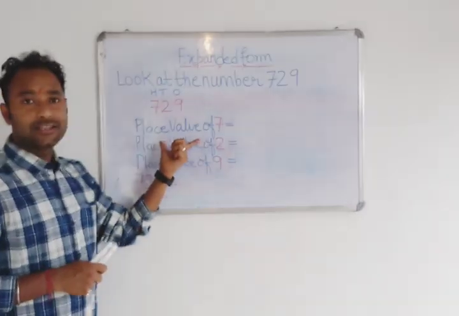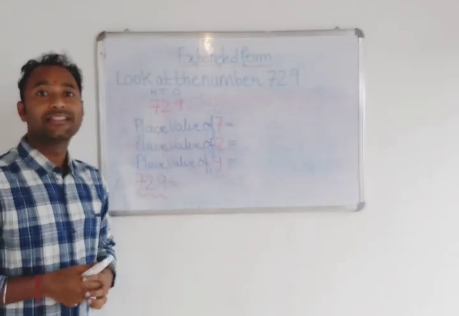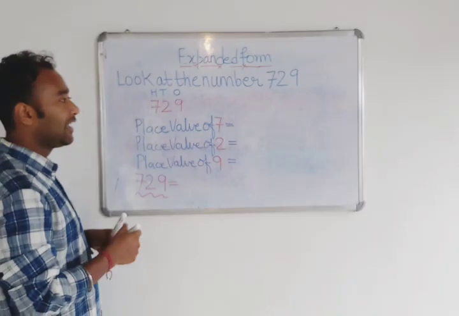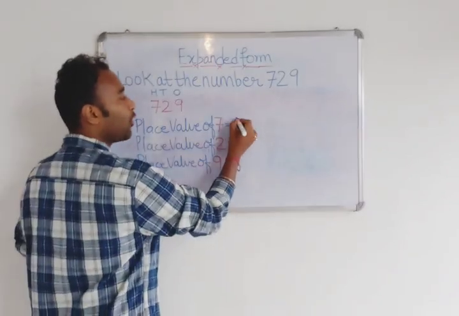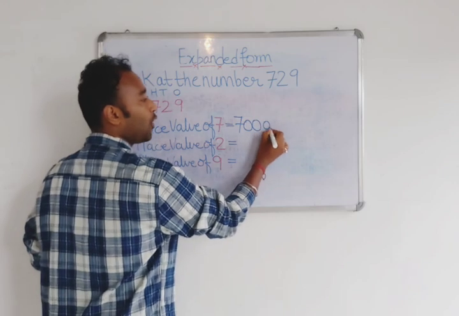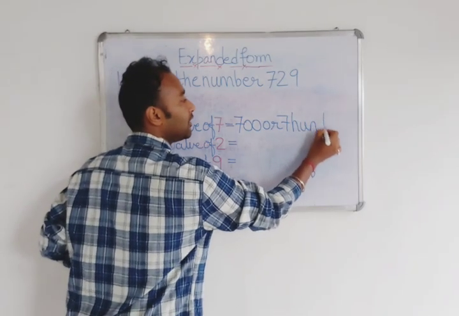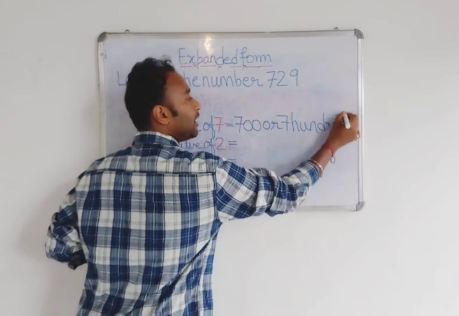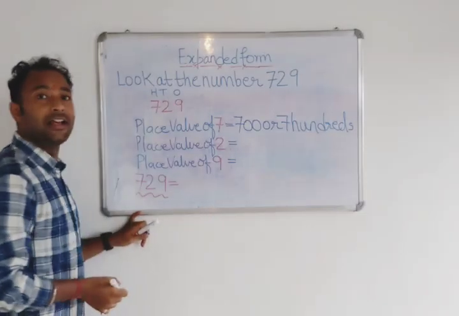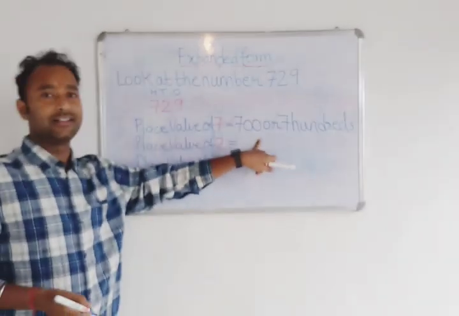Now if I ask you what is the place value of 7, what will you write there? The place value of 7 is 700, or you can say 7 hundreds. Understood, students? Very good. How many hundreds are there in this? There are 7 hundreds.